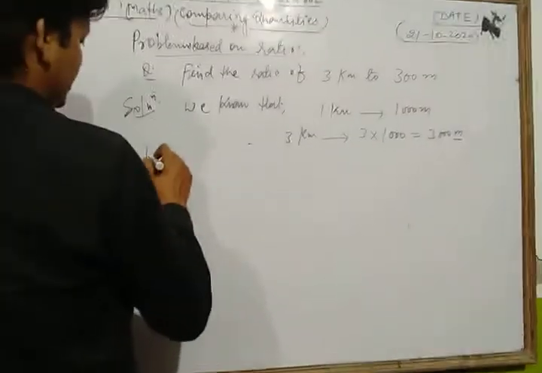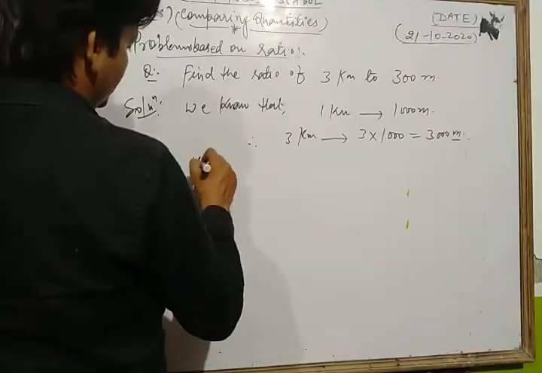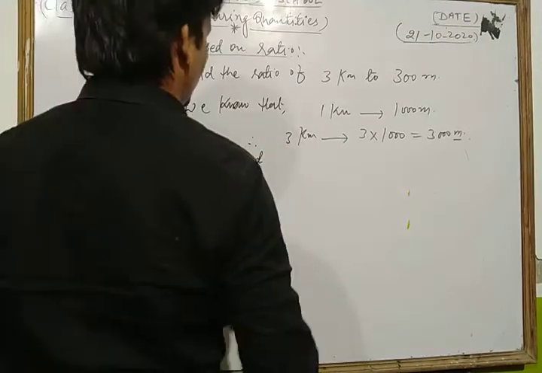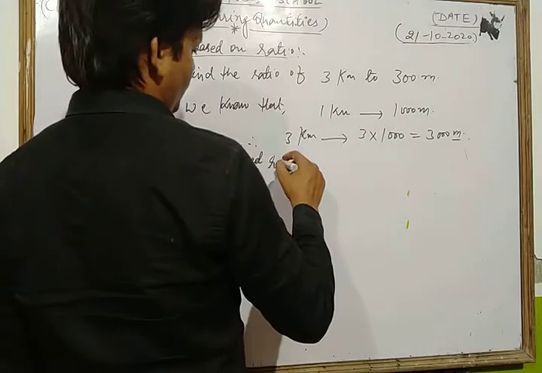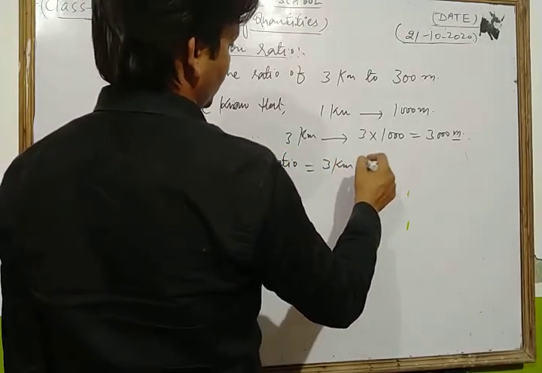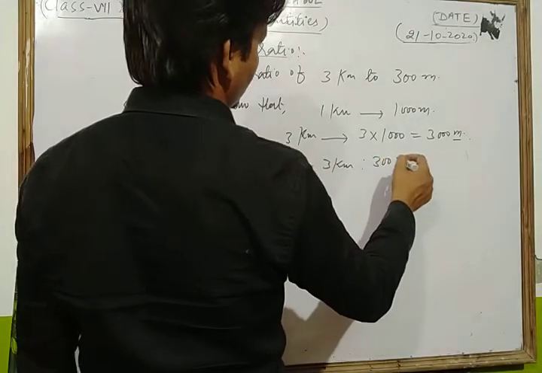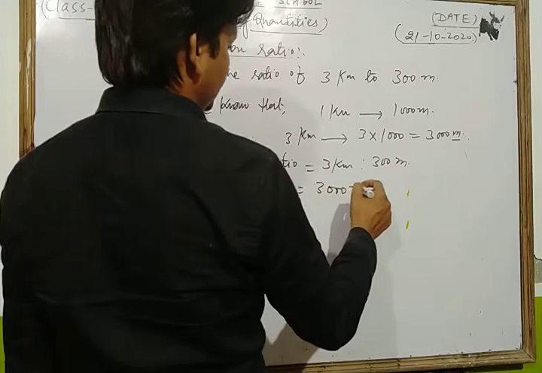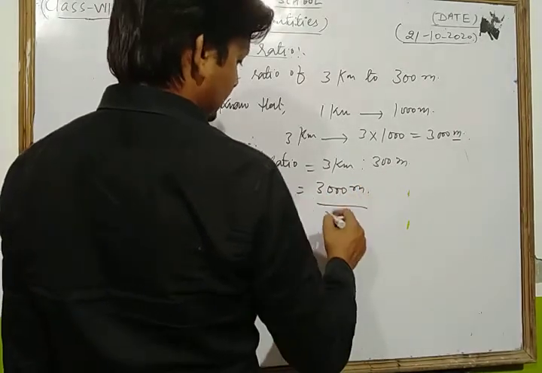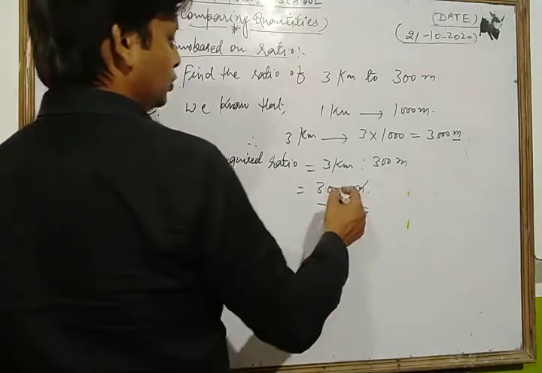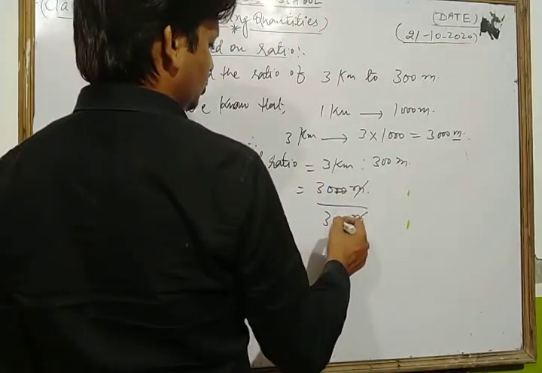Hence the required ratio is 3 kilometer to 300 meter, that is 3000 meter upon 300 meter. Meter cancels meter, and the zeros cancel each other.